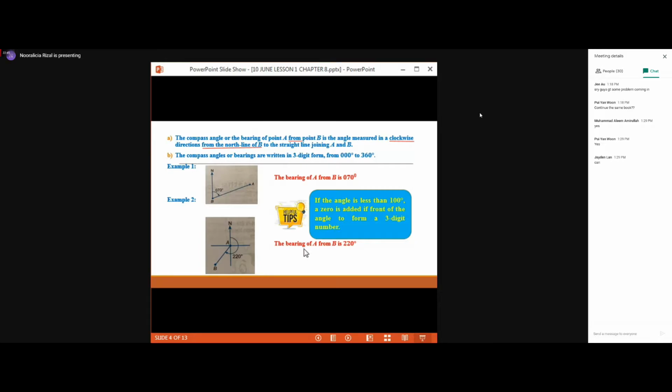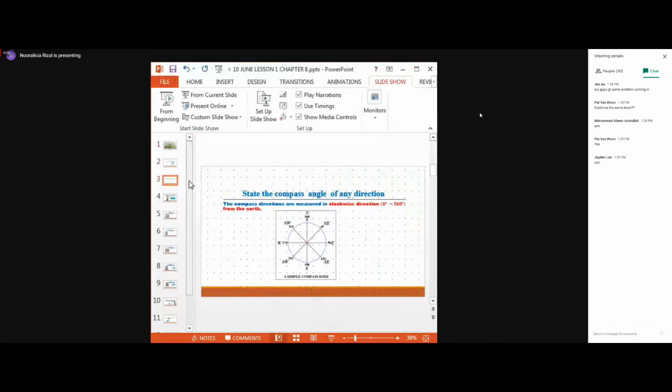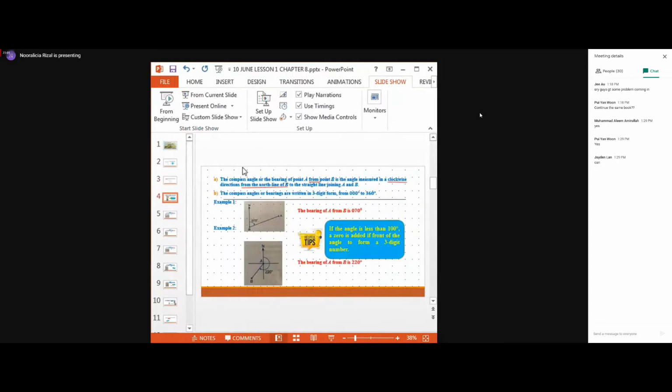So please change here, okay? If talking about this example, the statement here should be the bearing of B from A. Please change here. Okay, wait, let me exit this. Okay, change here.